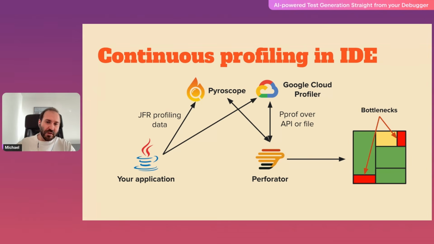The Perforator uses the API to connect to Pyroscope and retrieve the data, and for Google it uses the file from the Google Cloud Profiler. So you need to go there, download the file, and upload it into the Perforator. Unfortunately, that's not working with the API for Google, but hopefully they fix it, or maybe I find a way to make it work, and then I can also add it.